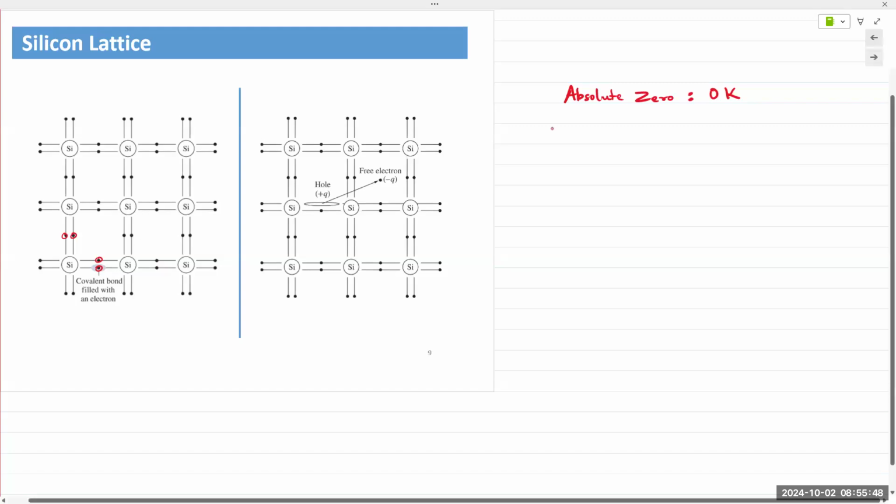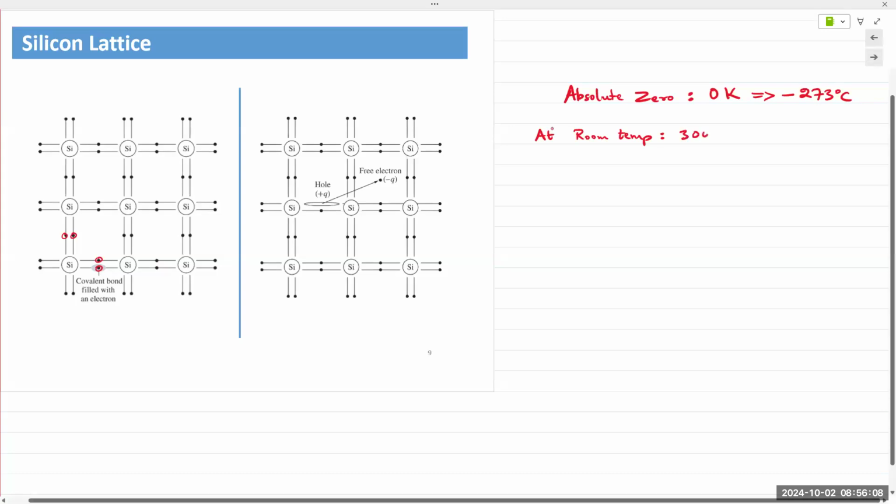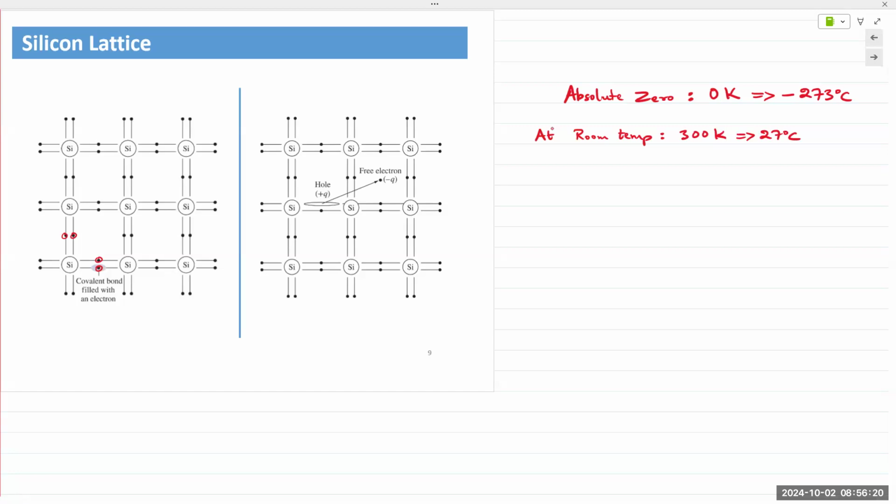So at room temperature, 0K is minus 273 degrees C. Room temperature is typically about 25 degrees C, but to round it up, you call it 300 Kelvin, so 27 degrees C, which is not quite hot, but warm.